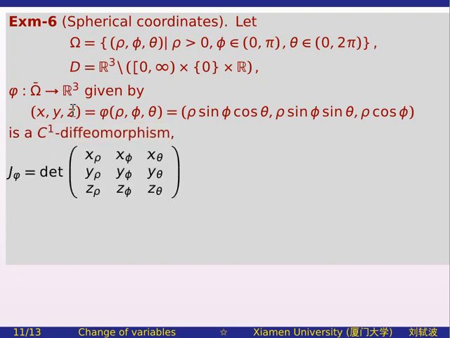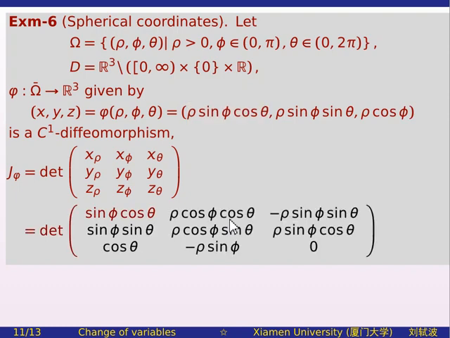And the Jacobian determinant is given by the determinant of the Jacobian matrix. This Jacobian matrix can be written out in this way. First, this element is the partial derivative of x with respect to rho, but x is rho sine phi cosine theta. Therefore, the partial derivative of x with respect to rho is sine phi cosine theta. In a similar manner, you can determine all the elements of this Jacobian matrix.